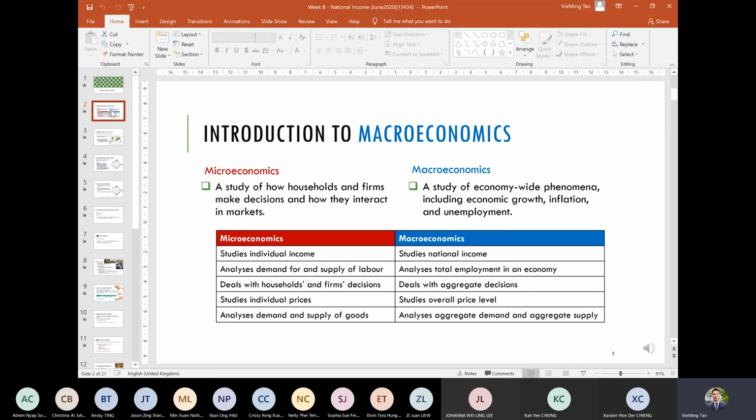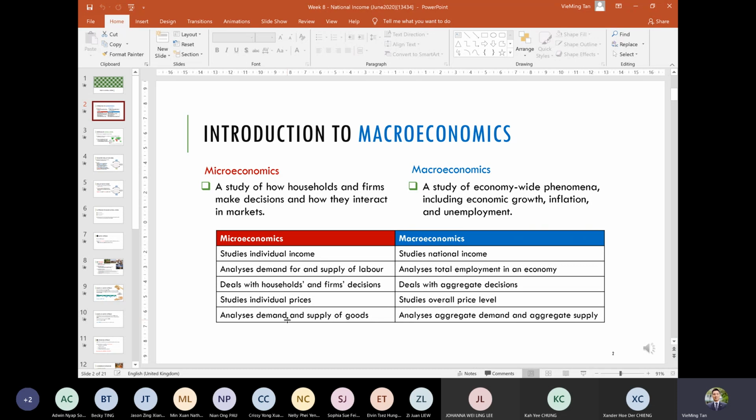We also study how the individual consumer utilizes the income, and how the supplier generates the income in each different market structure. When we analyze the response of the consumer, we also focus on one product only. When you look at the demand curve, one demand curve is only for one product, right? So all of these studies are considered as microeconomics.